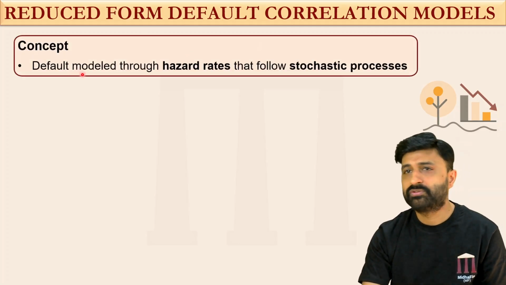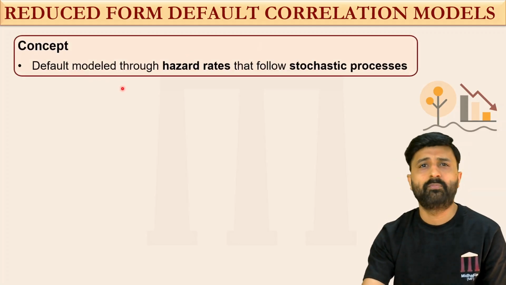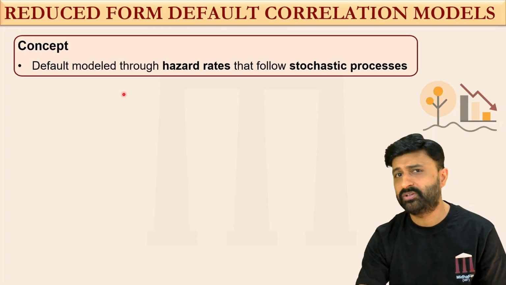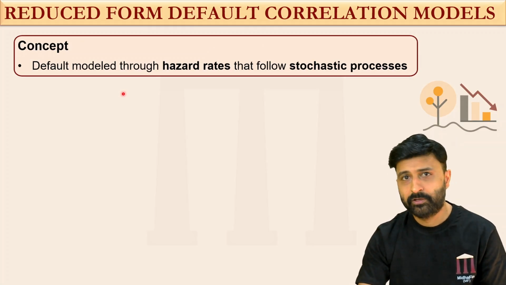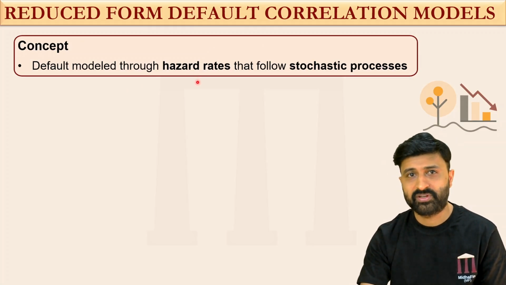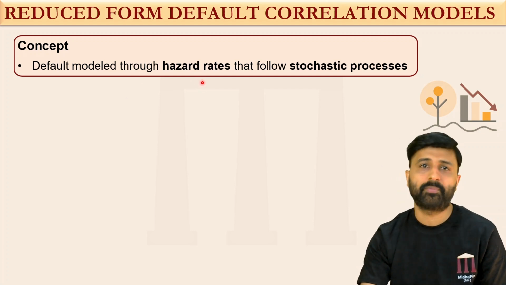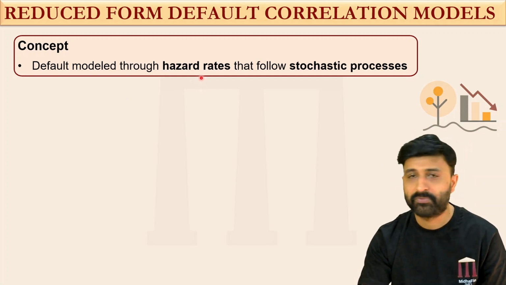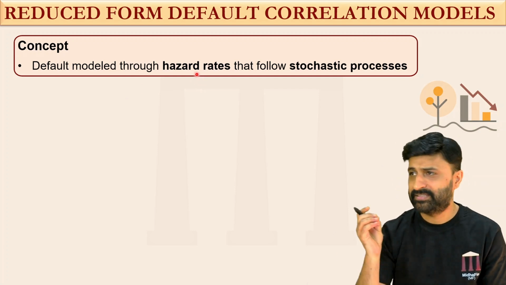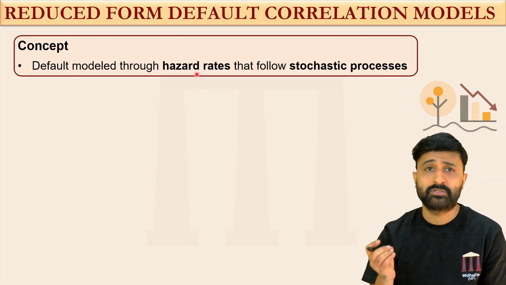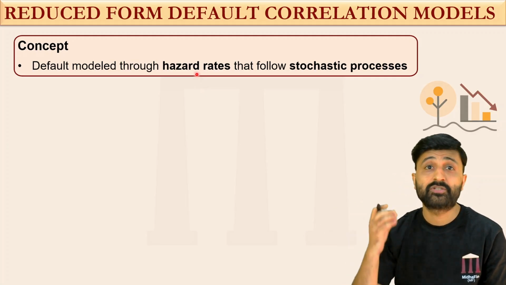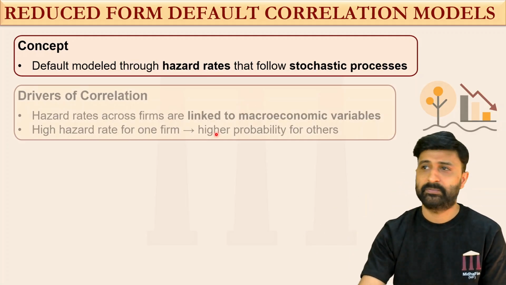So, in a reduced form framework, we don't model the company's actual balance sheet or assets. Instead, we use a hazard rate, which represents the instantaneous probability of default. This hazard rate, as has been discussed in earlier chapters also, moves randomly. That is, it is a stochastic process.